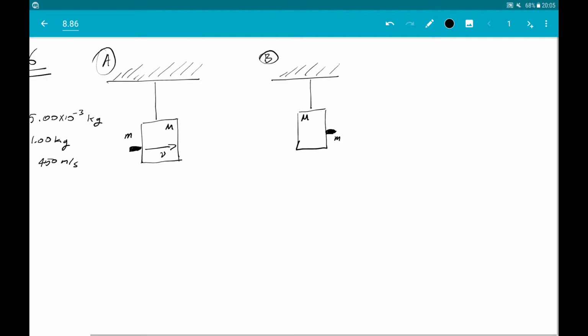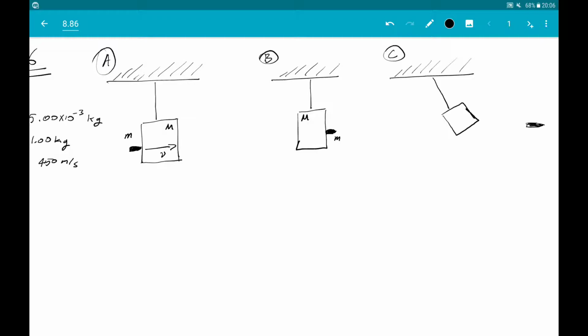And one final thing, because of the interaction between the bullet and the block, the block is going to swing out a little bit. The bullet's long gone. I'll draw it here, but I might as well have not drawn it at all. It doesn't matter for the rest of this problem.